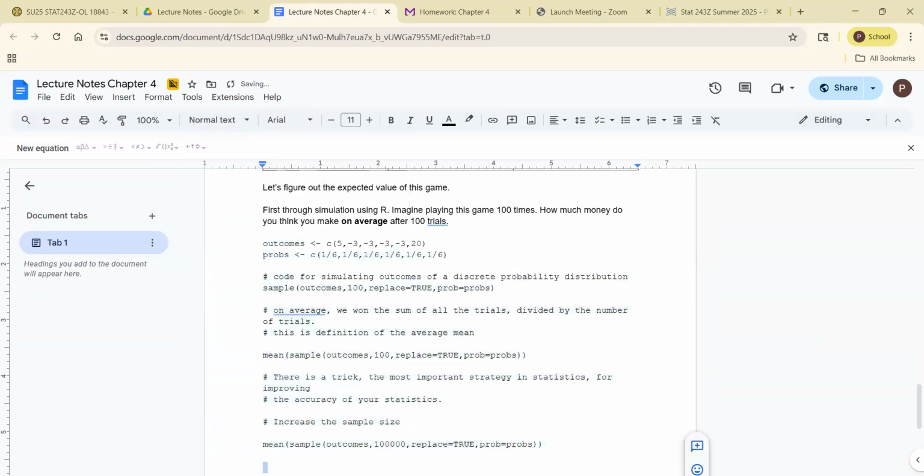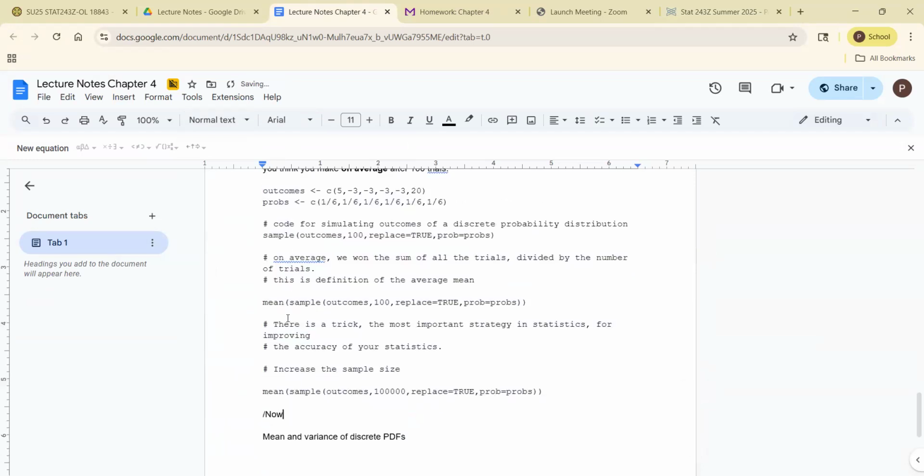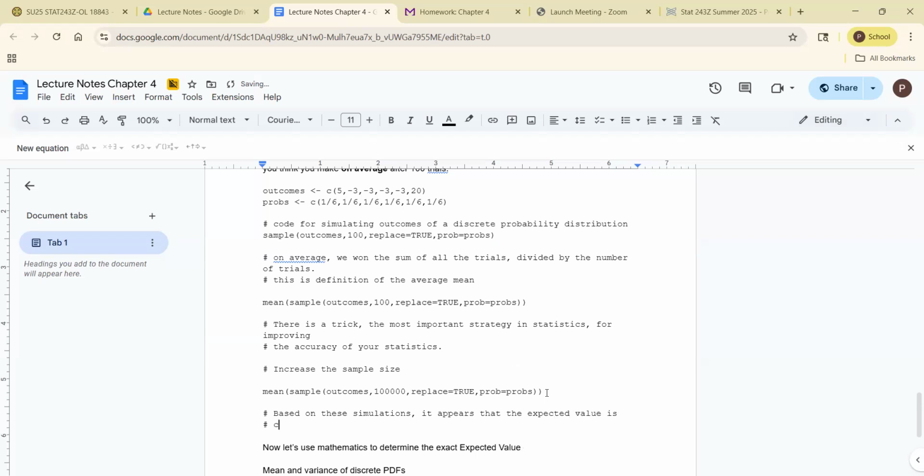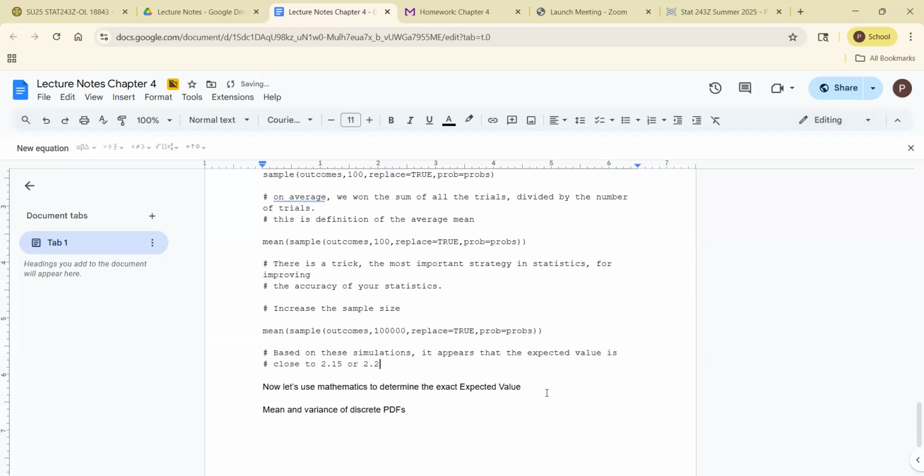Okay. Now let's use mathematics to determine the exact expected value. Let me just say, based on these simulations, it appears that the expected value is close to about 2.15 or 2.2.